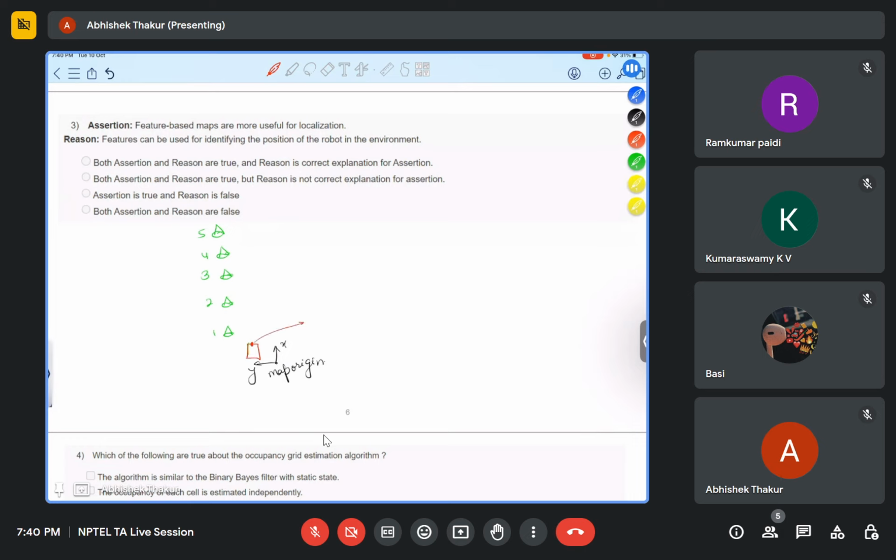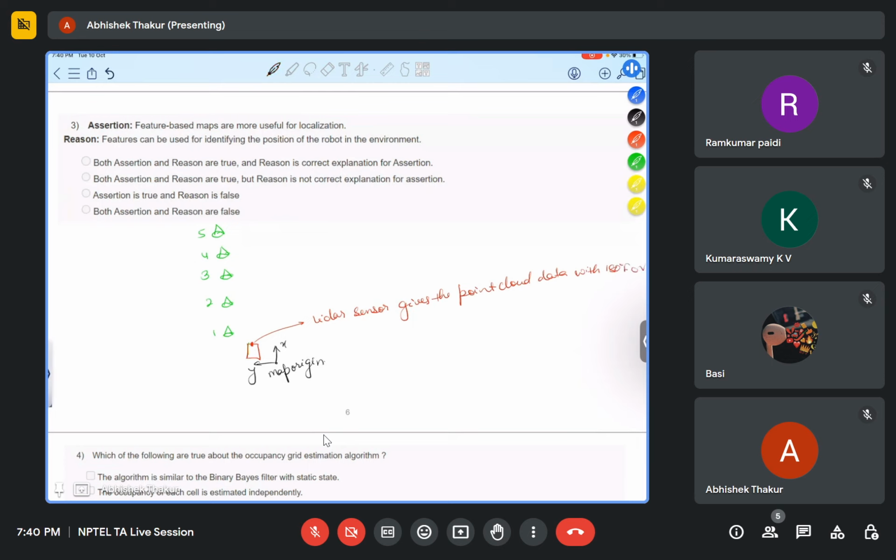Let's suppose this is a LiDAR sensor that gives point cloud data with a 180-degree field of view.